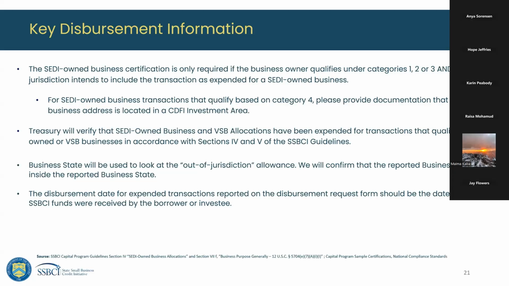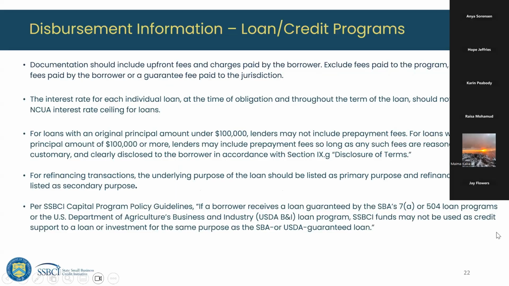Also, we could probably go to the next slide, and that would be the key disbursement information for loan credit programs. Just some reminders: ensure that upfront fees or charges paid by the small business, excluding fees to the program, do not exceed 3% for loans greater than $25,000 or $750 for loans under that $25K amount.